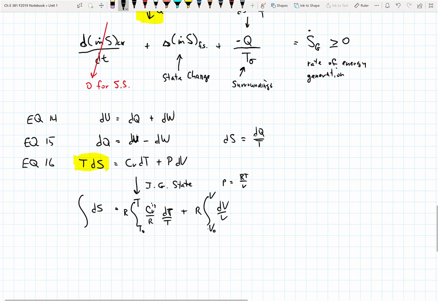And for the entropy integral, it's going to be S0 to S, and so that all evaluates to delta S equals R times my heat capacity integral, which I'm going to leave as is for the moment, plus R times the natural logarithm of the ratio of the final and initial volumes.